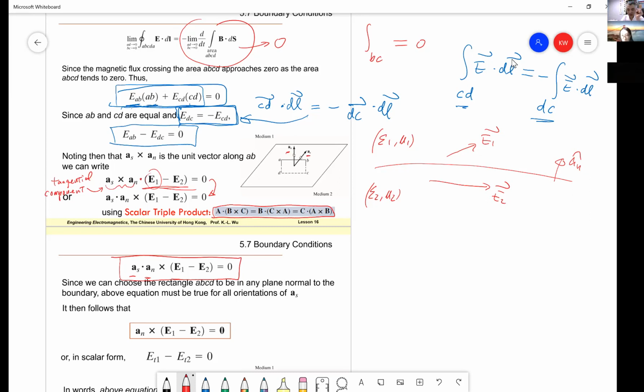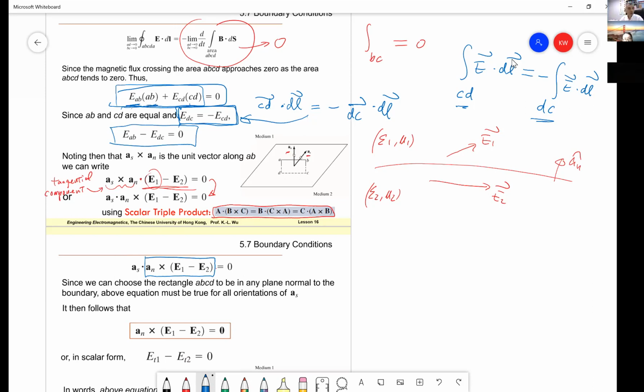We cannot conduct the dot product first, because the dot product results in a scalar, and a scalar cannot have a vector product. So we must do this first. This results in a new vector, and a vector with a vector we can have a dot product. That makes sense? So we have to conduct this vector product first.